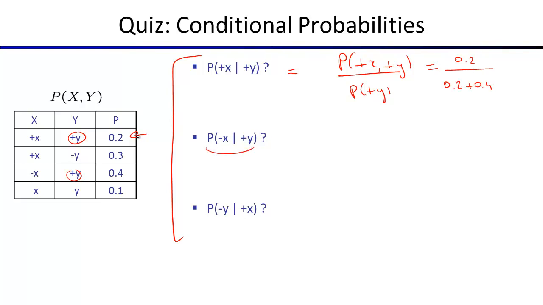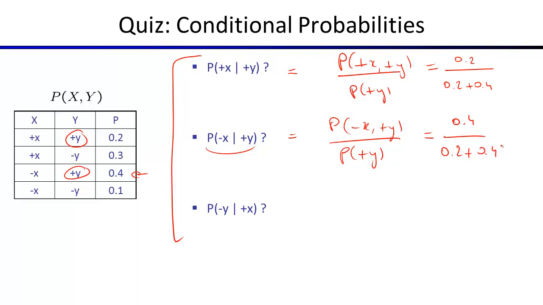Negative x given plus y. That's the joint between negative x and plus y divided by the marginal for plus y. The joint negative x plus y is over here, 0.4. And the marginal for plus y, we need to look at all entries for plus y, which gives us 0.2 plus 0.4.